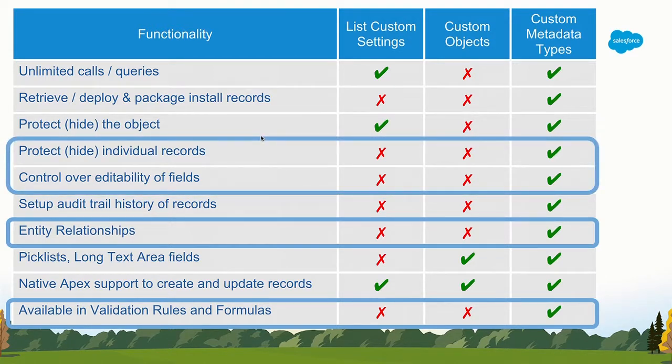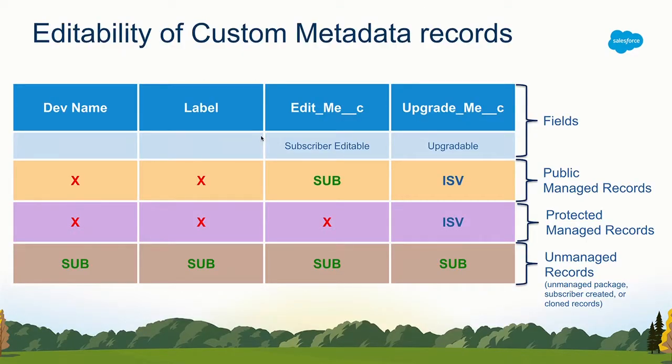Finally, I want to call out record and field level control. Custom metadata types have been designed with really, really granular controls, so granular that I have a whole slide on it. As I said before, when you create a new custom metadata type, there are two standard fields, developer name and label. Every custom metadata type has those two fields.